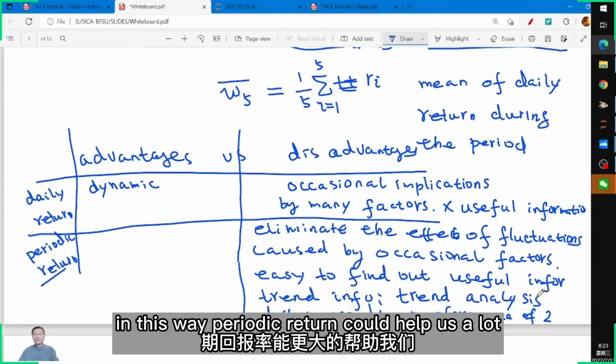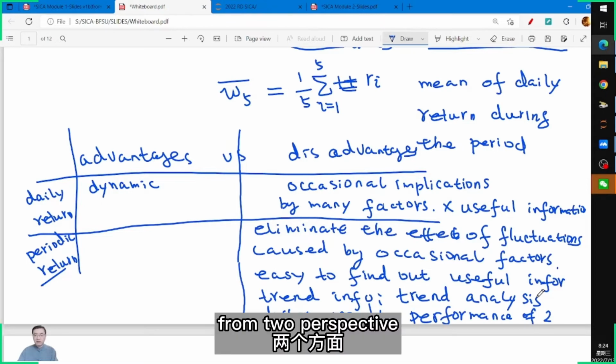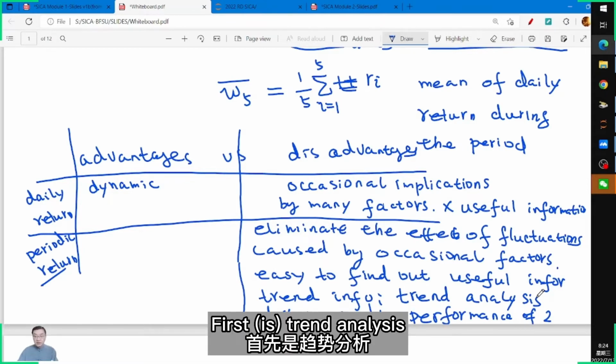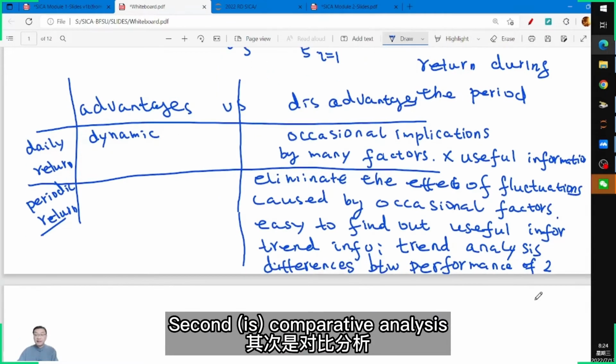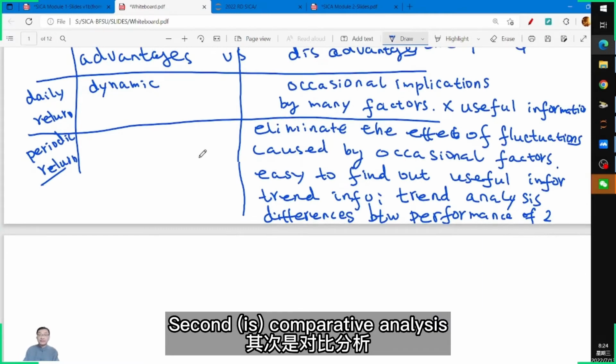In this way, periodic return could help us a lot from two perspectives. First, trend analysis. Second, comparative analysis.